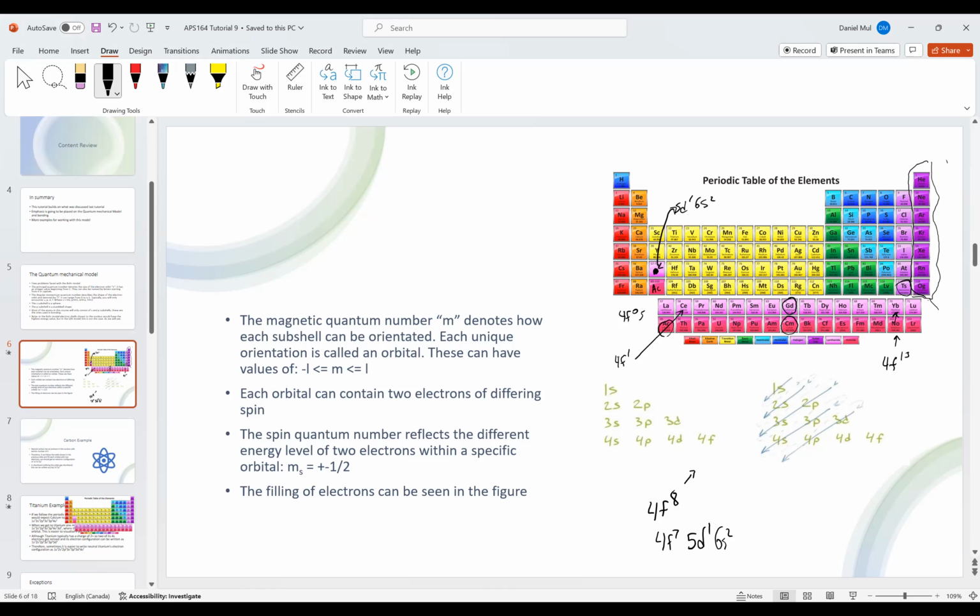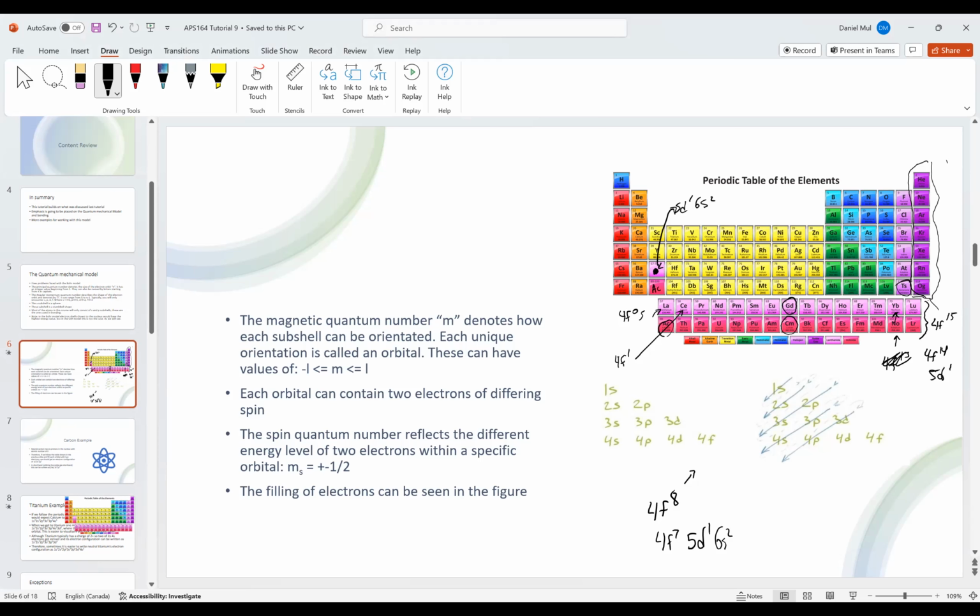It's the very last one, these two. It's supposed to be, if you count it, there are 15 positions, so it's supposed to be 15, but it's going to be 4f14, and it's going to promote its 15th to the d.